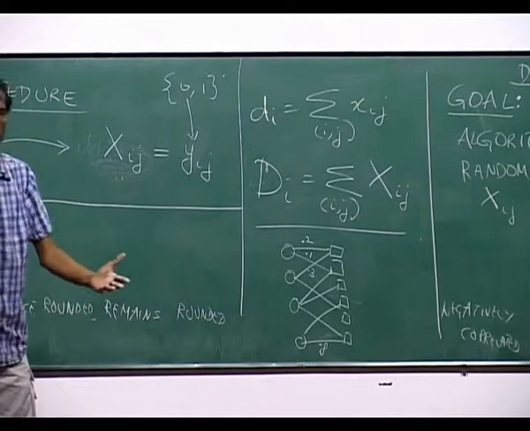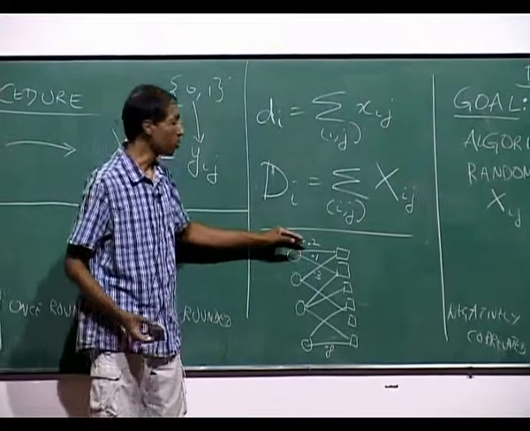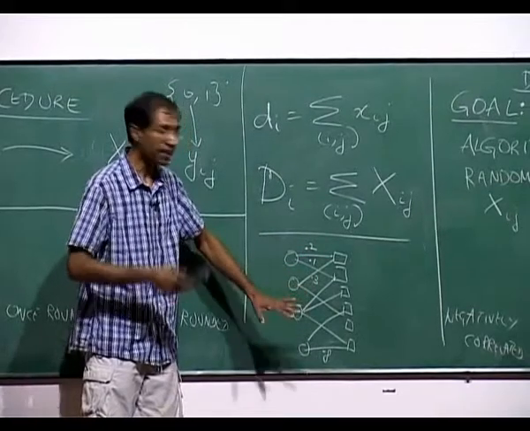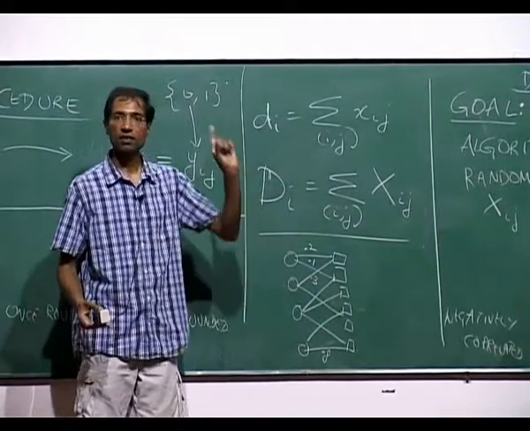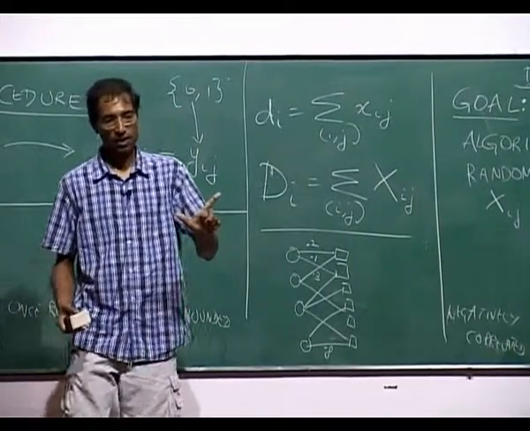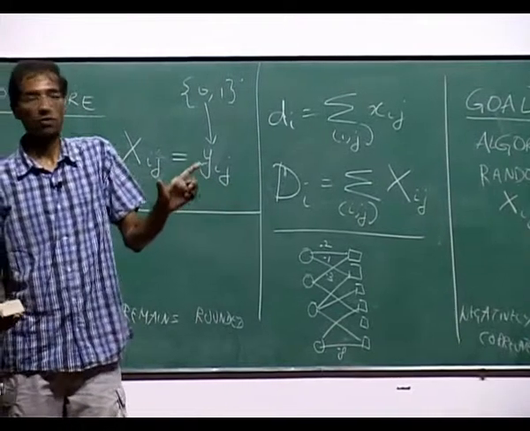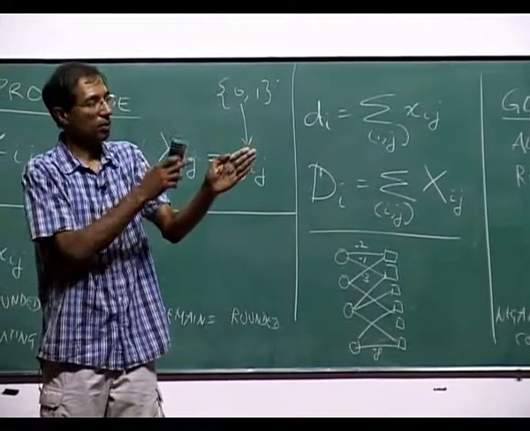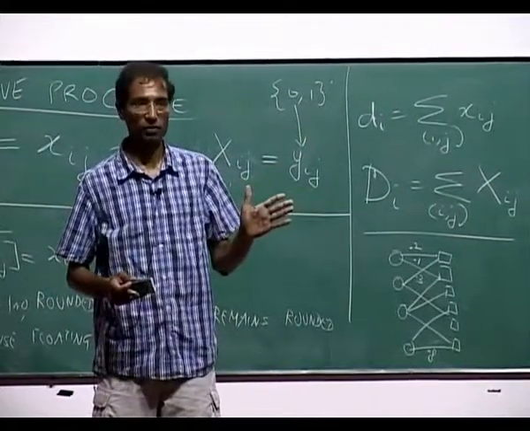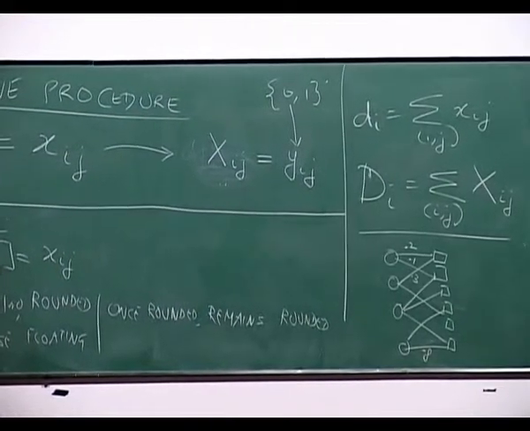As time goes along, some of these values will change. 0.2 might become 0.5, and so on, and at the end all of these have to become either 0 or 1. During the process, the number on an edge might become either 0 or 1. Once it does, it stays there. We will never change it. That's the property of this process.